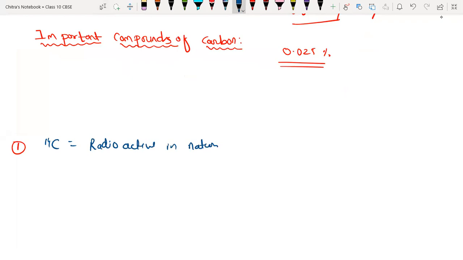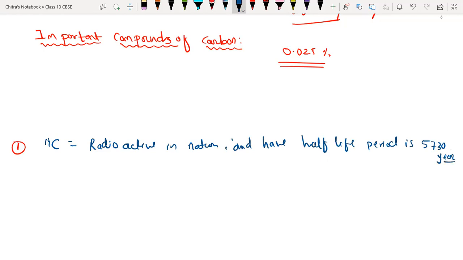Hence, when an organism dies, carbon-14 starts to decay. Its half-life period is 5,730 years. It is very important.